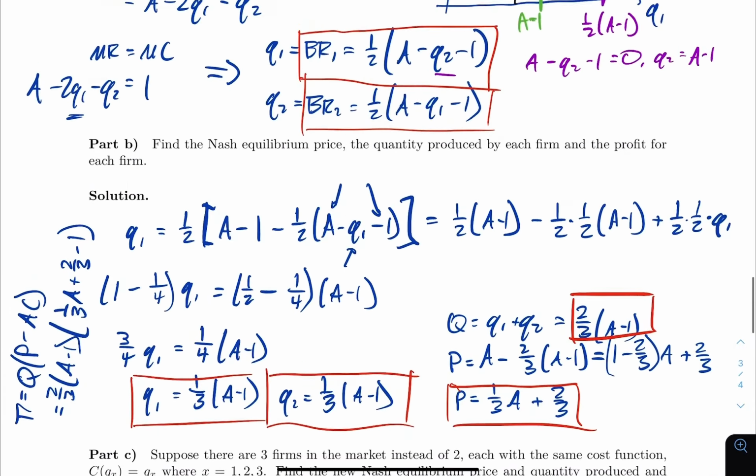So let's just write down. We'll use this solution for plus RQ3 to give us the solution here in part C. So we have Q1, our best response for 1, is equal to 1/2 A minus Q2 minus Q3.